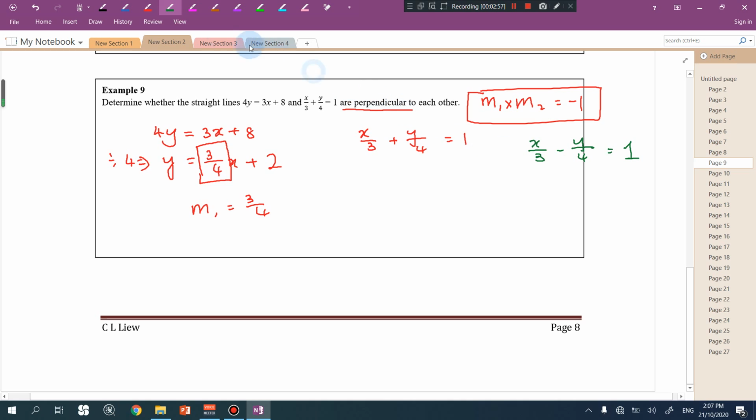The x-intercept is 3 and the y-intercept is not 4. It is equal to -4, because this is actually equal to this. Don't think that the y-intercept is 4, it's not correct. You have to put -4. In our example, no problem because it is positive.